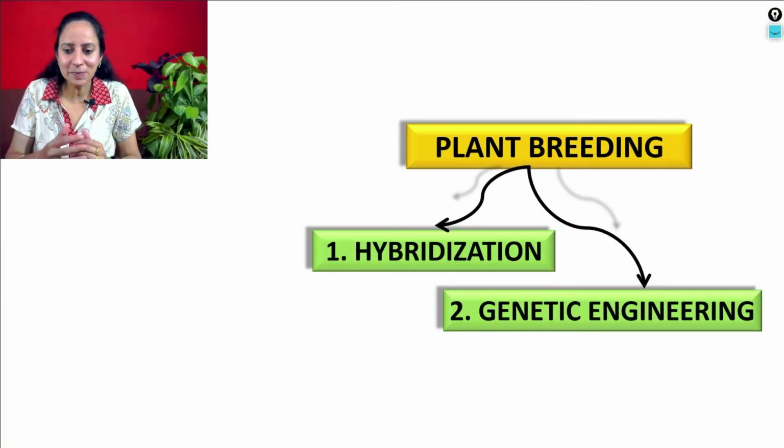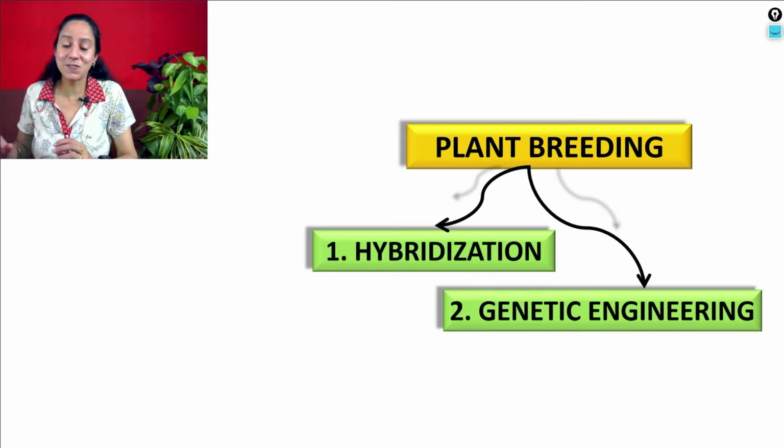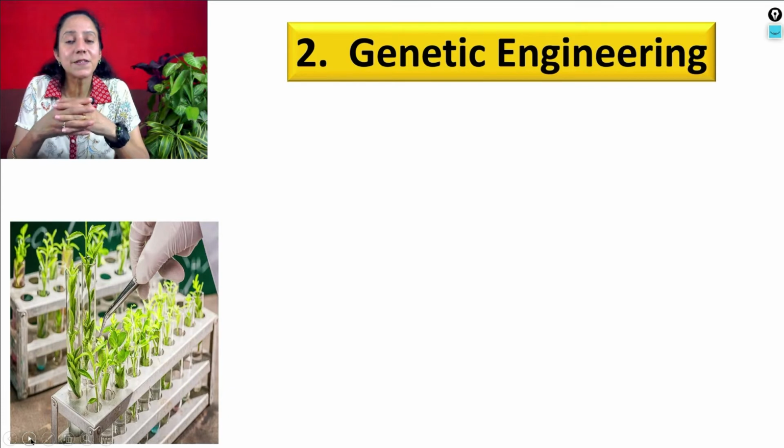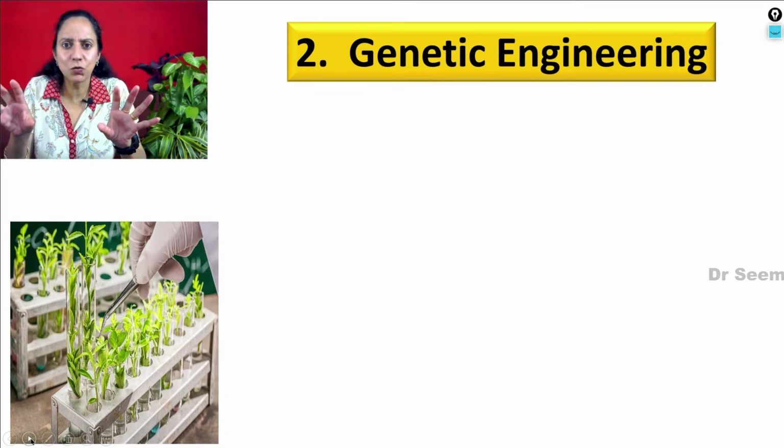Now the second technique to raise a little more superior crop variety is genetic engineering. It's just like a very sophisticated cutting and tailoring technique, like designer clothes. In this, they start in the lab with a single cell. What they are doing is taking two varieties.